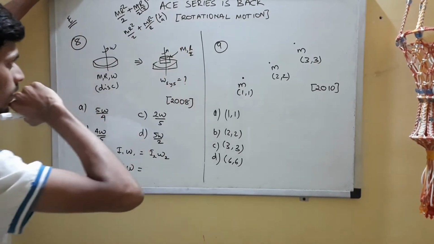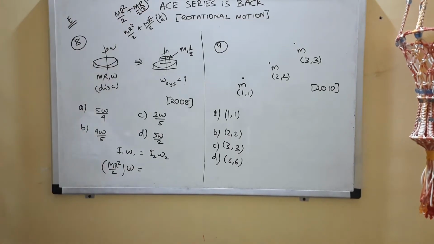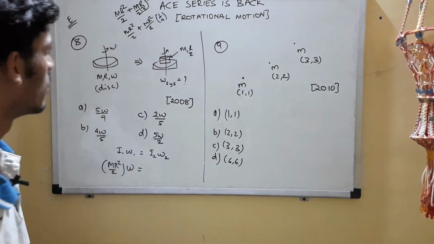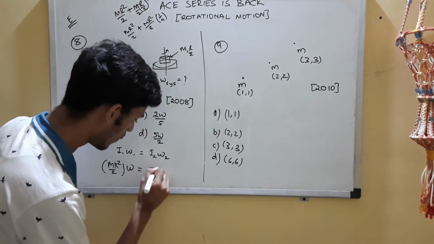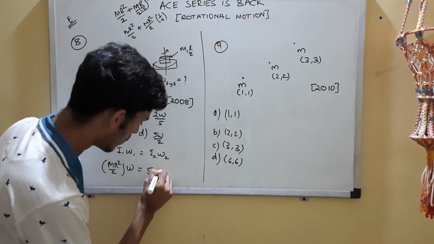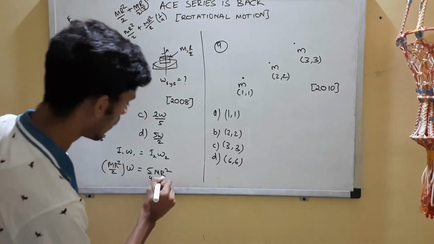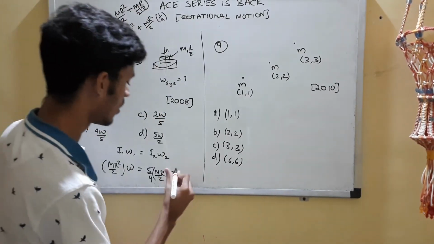So this is like mr square by 2 times 1 plus 1/4. What is 1 plus 1/4? That is 5 by 4, right? So 5 by 4 times mr square by 2. You can just add it. This is the answer that you'll get.